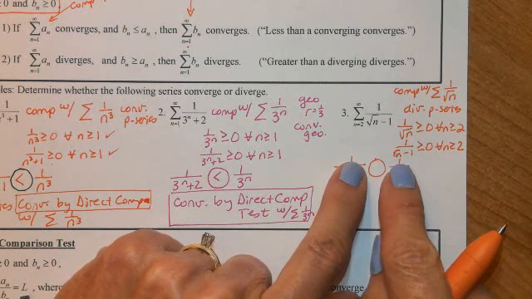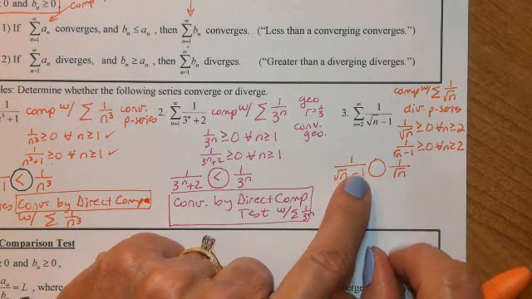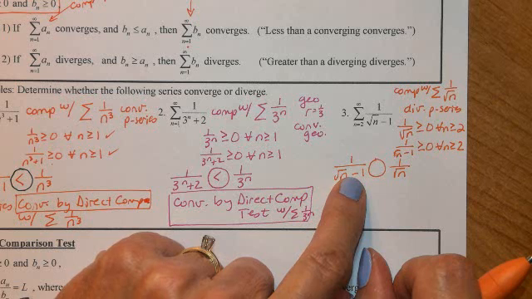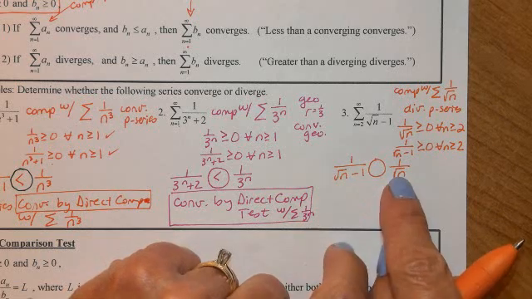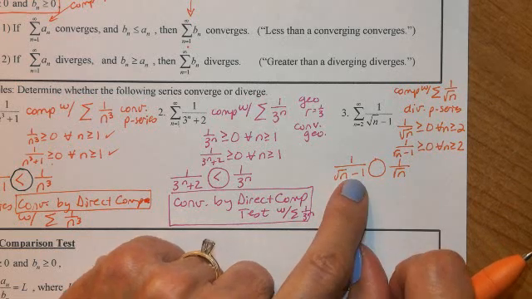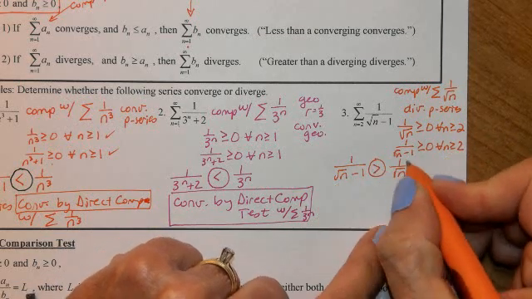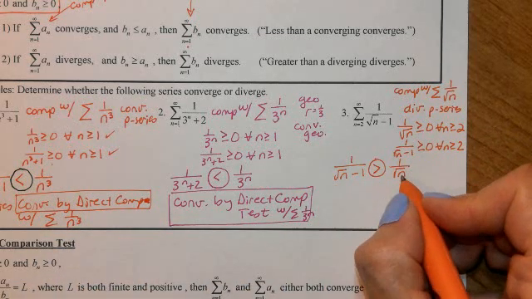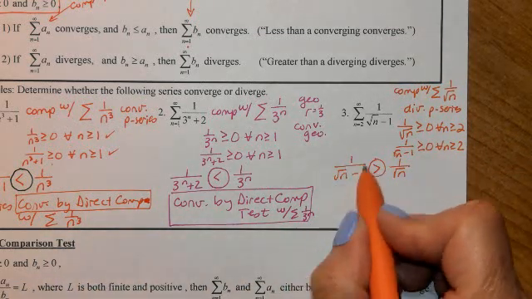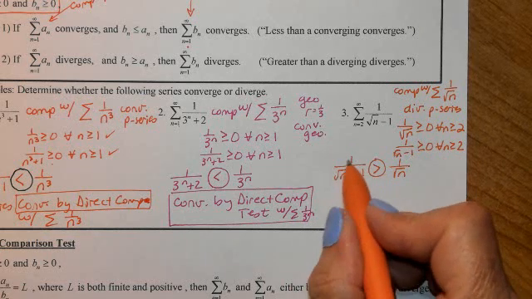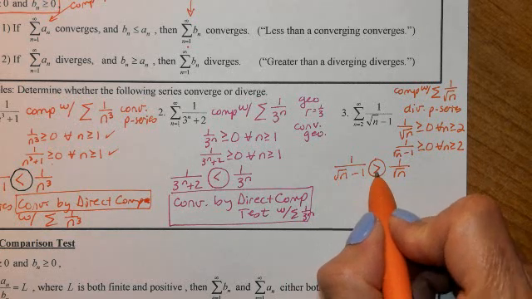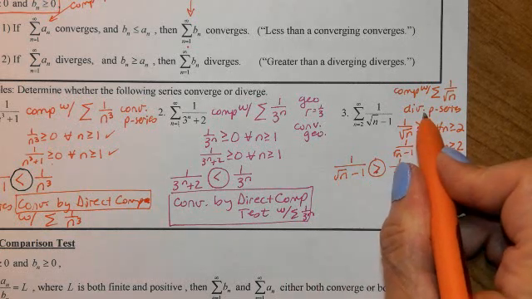The numerators are the same, so just look at the denominators. This denominator on the left is always less than the denominator on the right. So this fraction will always be larger than this fraction. So our series is greater than a diverging series.